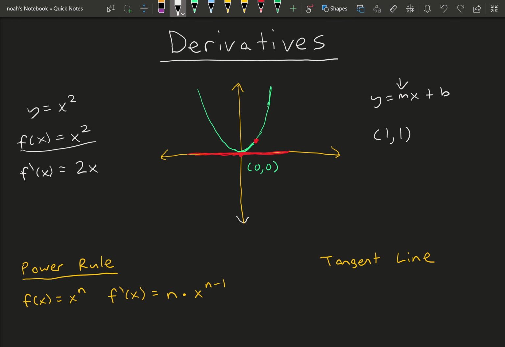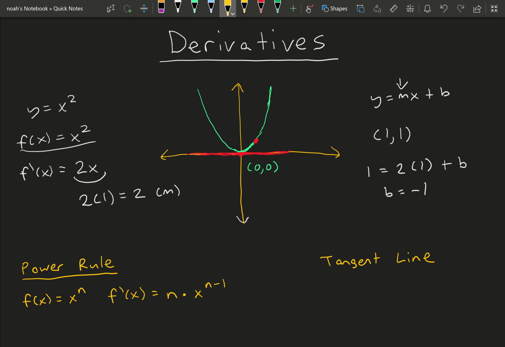So first, we'd find out what m is. So m is the slope. So we'd use this function over here, 2 times the x value, which is 1, which is 2. So that's m. And then y is 1. So 1 is equal to 2 times 1 plus b, and that gives us b is equal to minus 1.